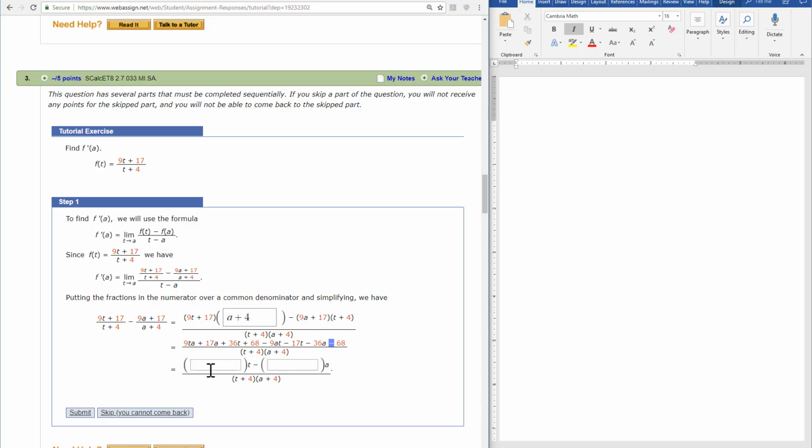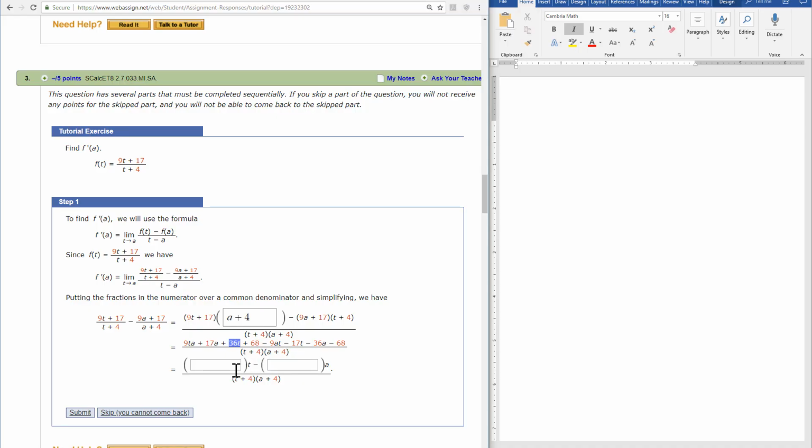So they did that step for us, and then now the last step here is they want to combine all the like terms. Let's take a look at the 9ta here and the negative 9at, so that disappears. And let's look at the positive 68 and the negative 68, and that disappears. So all we have left are a couple of expressions with t's and a's.